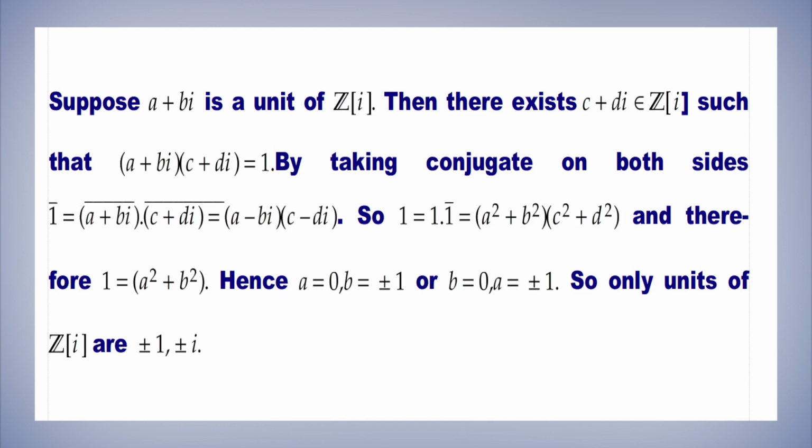So, 1 equals 1 times 1 conjugate, which is equal to (a² + b²)(c² + d²), and therefore 1 equals a² + b². Hence, a is equal to 0 and b is equal to plus or minus 1, or b is equal to 0 and a is equal to plus or minus 1. So, the only units of Z[i] are plus or minus 1 and plus or minus i.